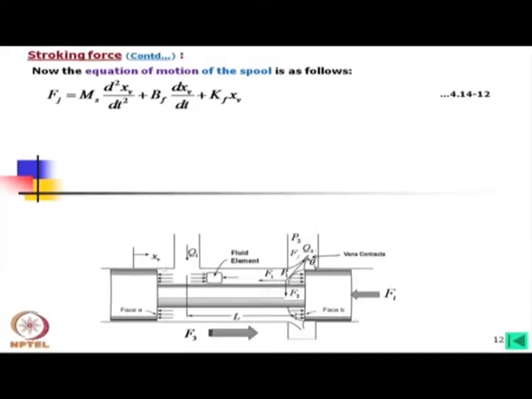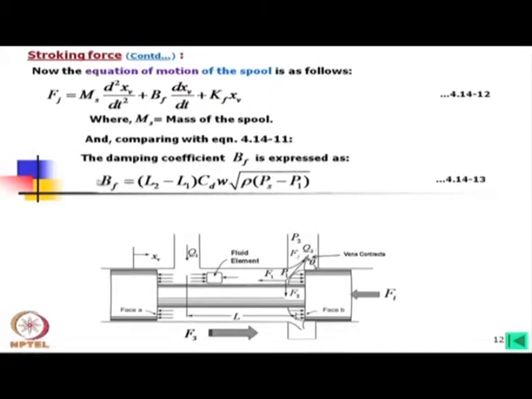Now, what we will do, this is the Ms, we will compare with equation 4.14.11, the equation we have developed for the force considering fluid. Now, if we compare, then we will find that damping coefficient Bf is this part.